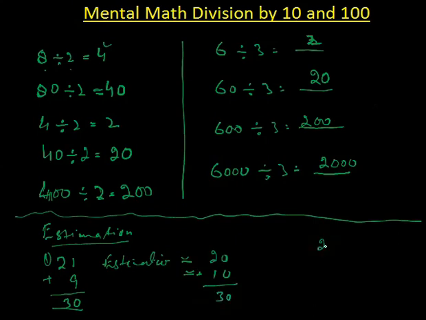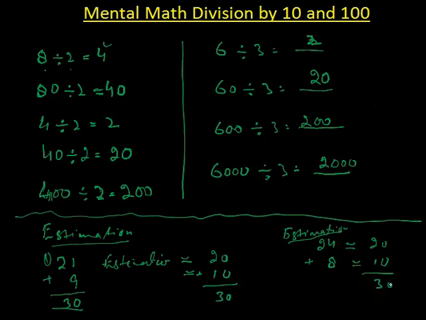Similarly, if it is given 24 and we have to add 8 here, we actually are asked to estimate the number. Estimation. So we just round it up. So 24 can be rounded to 20, and 8 can be written as 10.